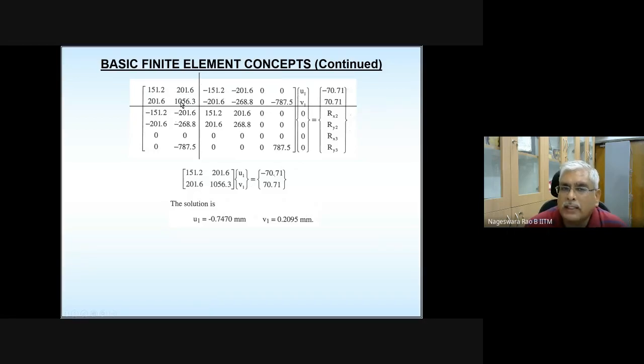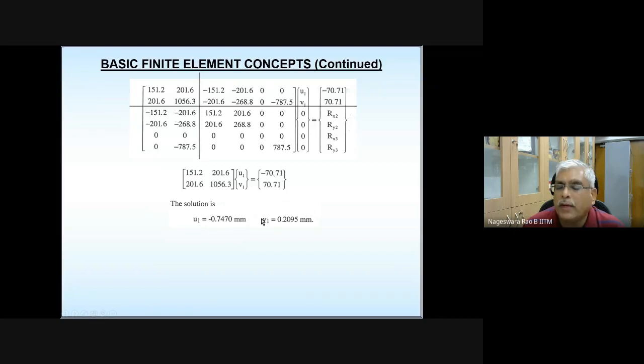When you partition the equations, this 2 by 2 matrix multiplied by U1, V1, plus this rectangular matrix multiplied by this, is equal to this one. These are all 0, so that vanishes. This is what is called the reduced equation system. The reduced equation system is 2 by 2; solve for the unknowns U1, V1.